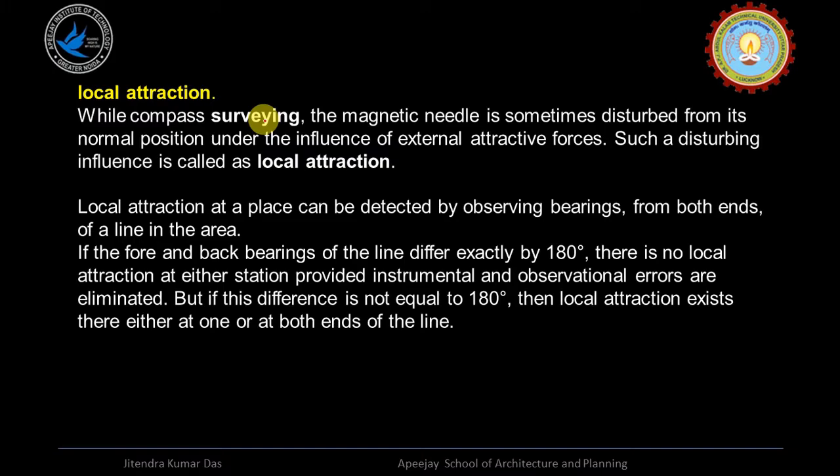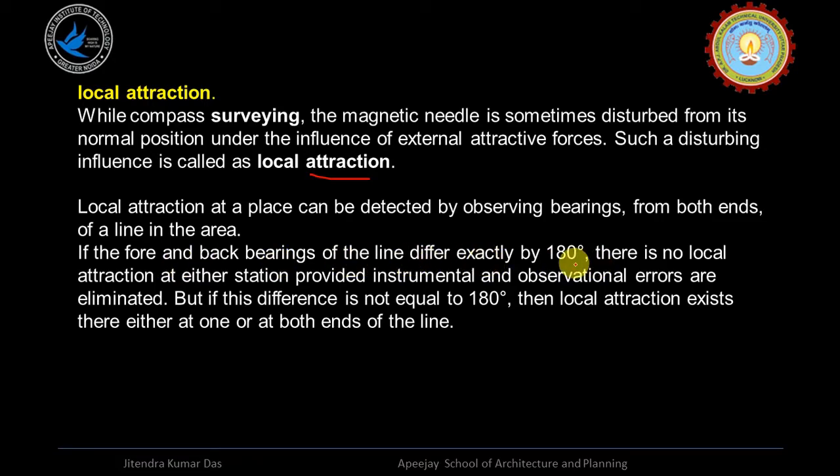So while compass surveying, the magnetic needle is sometimes disturbed from its normal position under the influence of external attractive forces. Such a disturbing influence is called local attraction. Local attraction at a place can be detected by observing bearings from both ends of the line in the area.